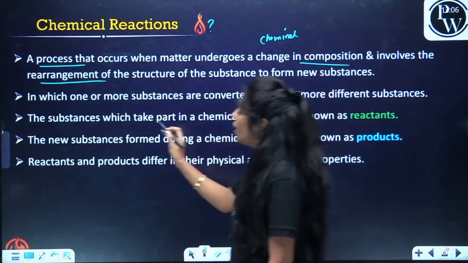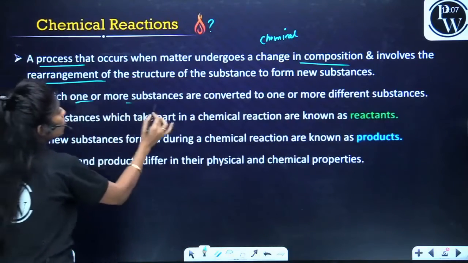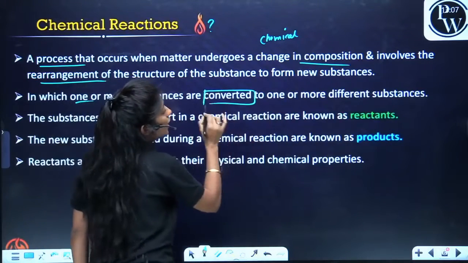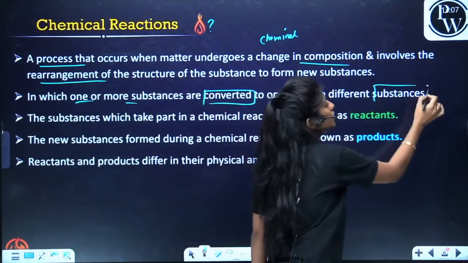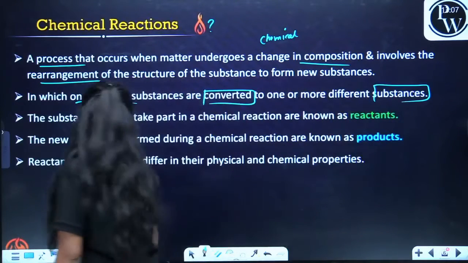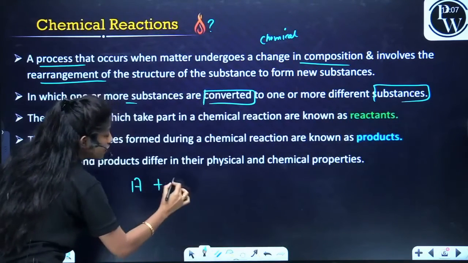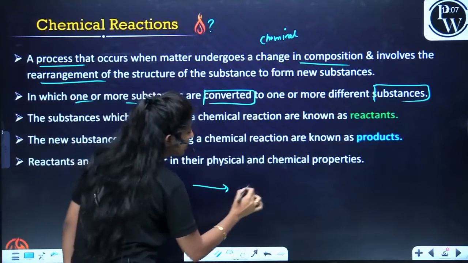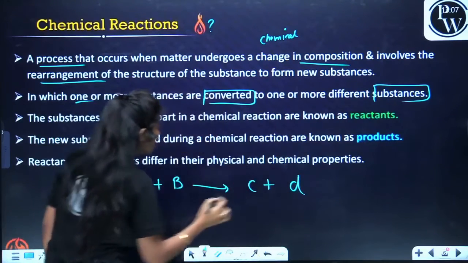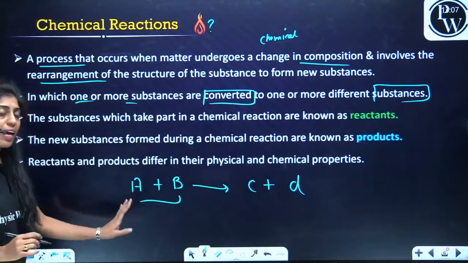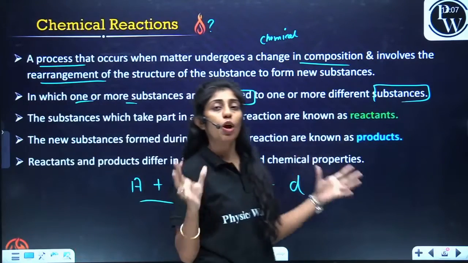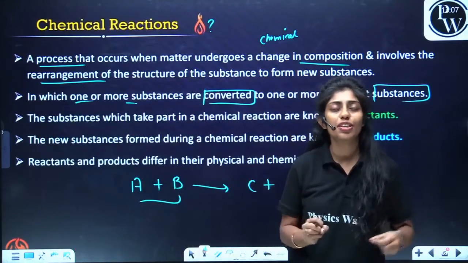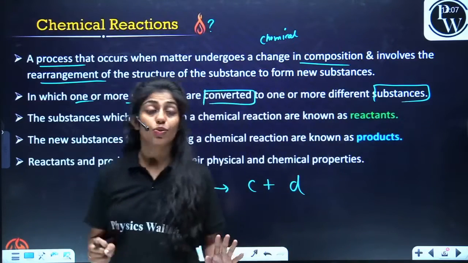In this reaction, one or more substances are converted into different substances. Suppose I have A, it is going to react with B, forming C plus D. So you can see these are two different reactants and these are two different products. Such an arrangement we can see in a chemical reaction only.